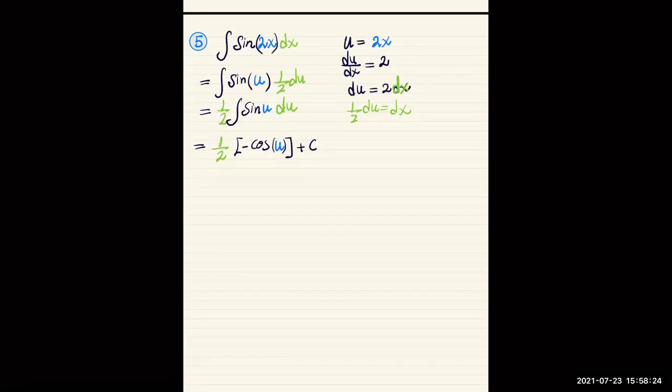Okay, so substituting back for u, we're going to get negative 1/2 cosine of 2x plus c.